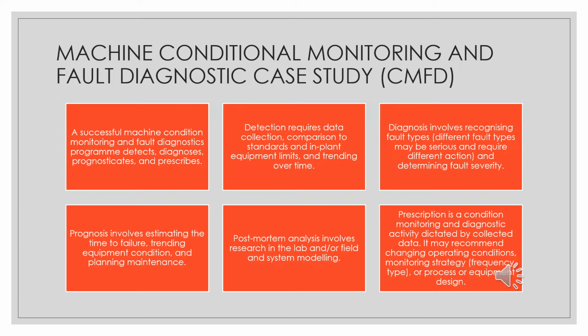Diagnosis involves recognizing fault types, since different fault types may be serious and require different action, and determining fault severity. Prognosis involves estimating the time to failure, trending equipment condition and planning maintenance.